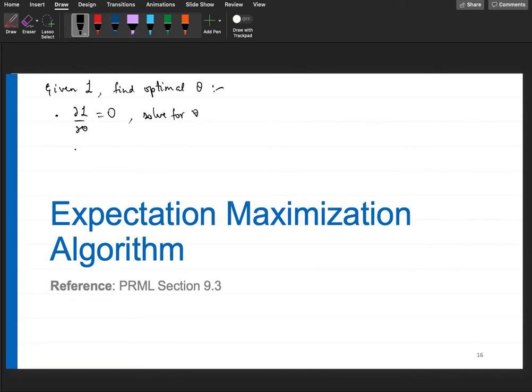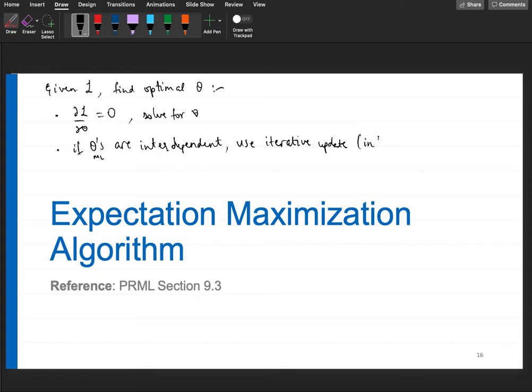Many times, if thetas or theta MLs are interdependent, then you use iterative update.